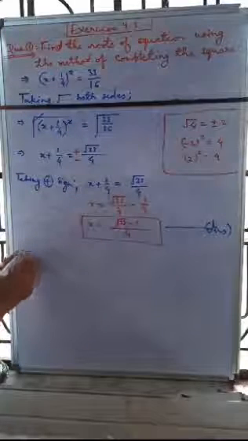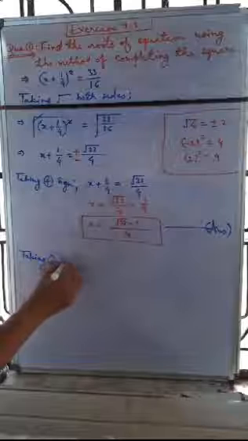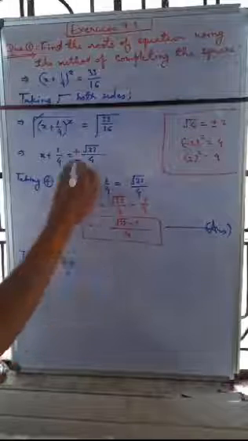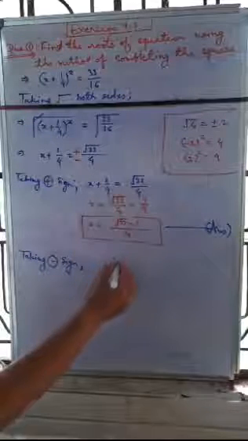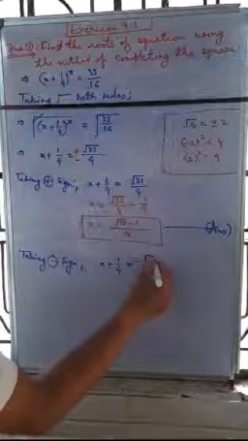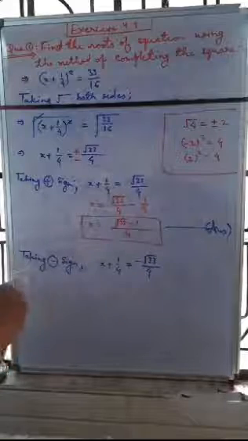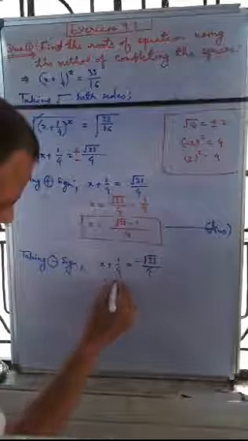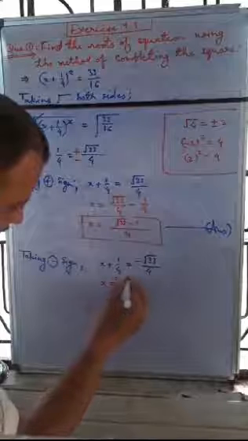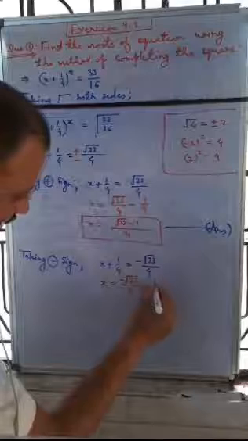Now taking the minus sign, we will get x plus 1 by 4 is equal to minus under root 33 by 4. Again we can transfer 1 by 4 to the right hand side, so minus root 33 upon 4 minus 1 by 4.